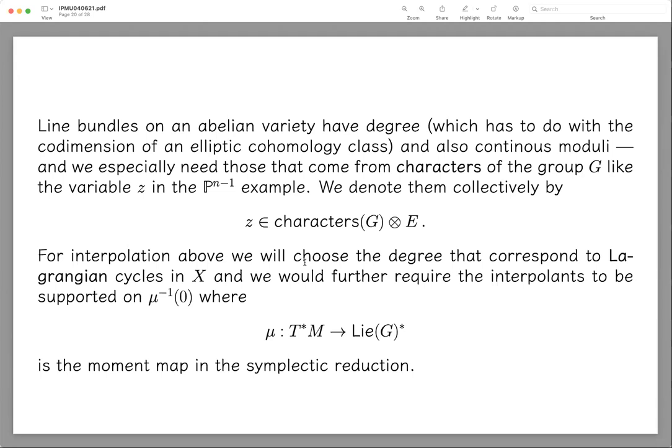To bring the example of projective space, we had T star Pn, that's something 2n dimensional, and we were interpolating with line bundle degree n, the middle degree, and that roughly corresponds to Lagrangian cycles in T star Pn. Additionally, of course, since we would like them to correspond to something on the algebraic symplectic reduction, we would like them to be supported on the zero of the moment map. That's the hardest part. So this elliptic homology class has to be supported on the zero of the moment map.